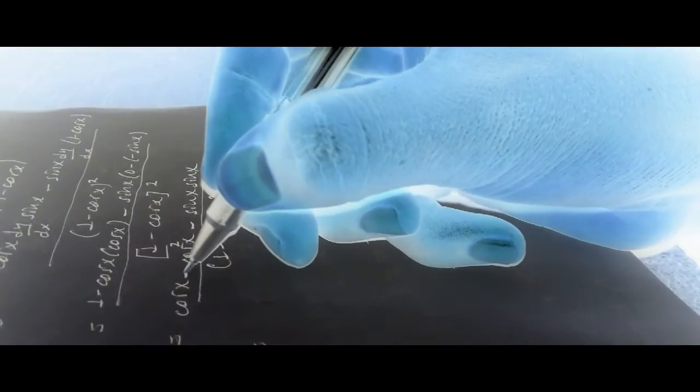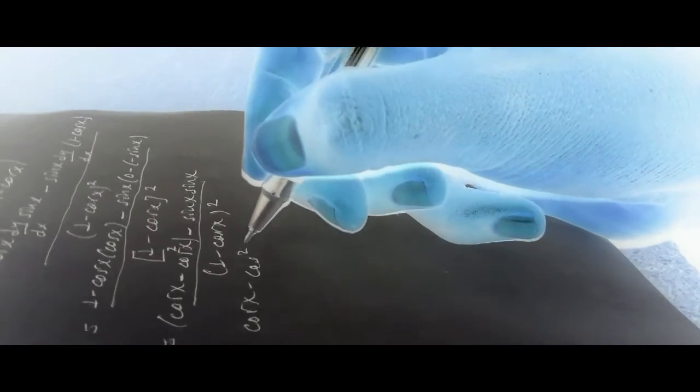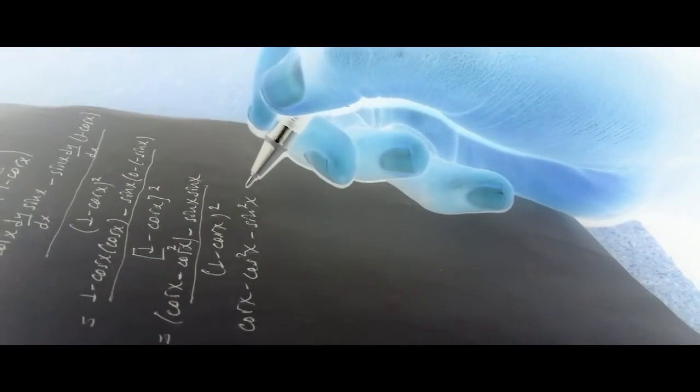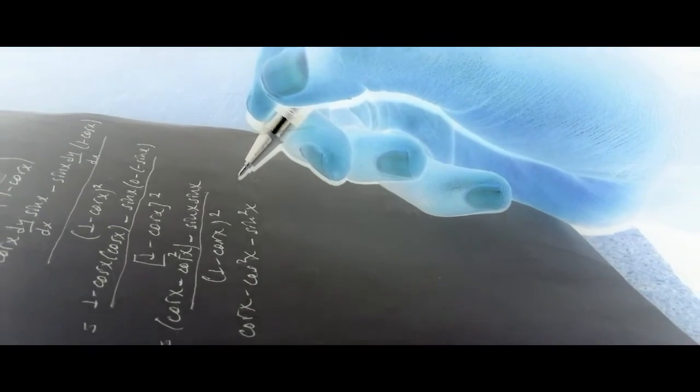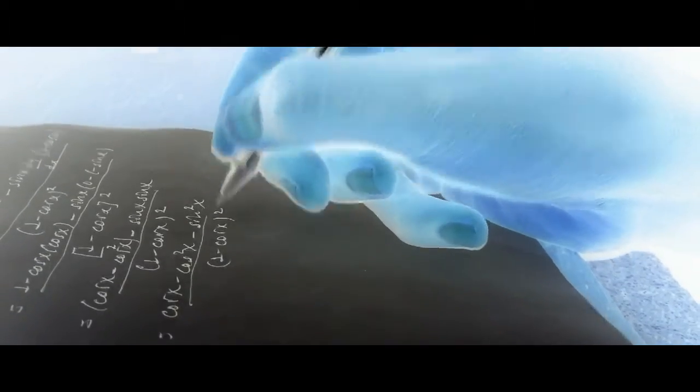This is equal to cos x minus cos square x minus sin square x over (1 minus cos x) the whole square.